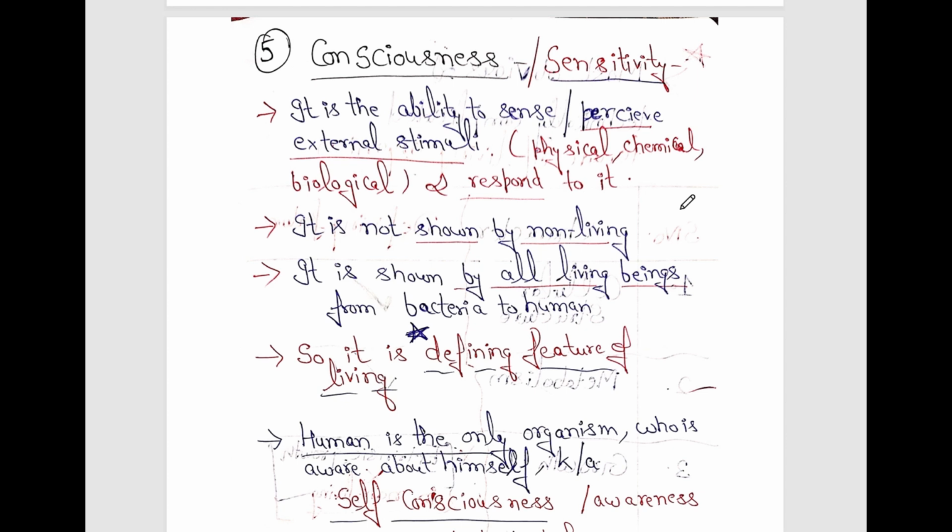When human is concerned, a very high level of consciousness is found in us because of our very well developed nervous system and supreme level of skill of communication, which is also called self-consciousness. Humans are very fast to respond towards external stimuli.